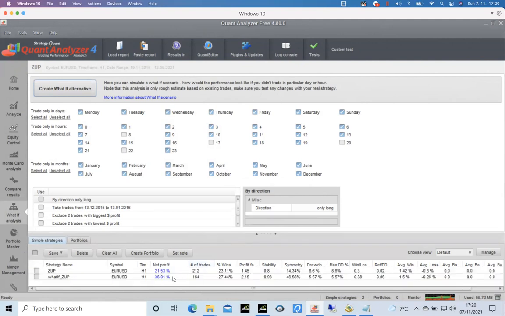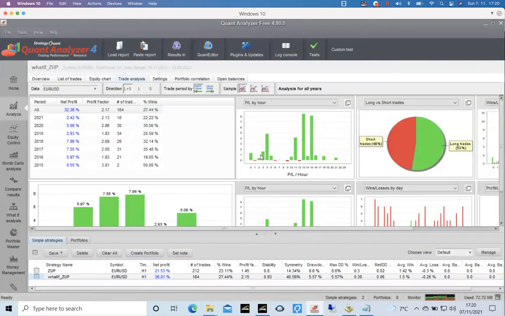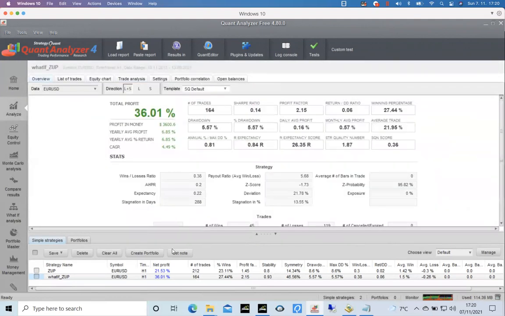So this is the what if scenario without trading these hours, in a very quick manner. What you can see here is that our net profit jumped from 21% to nearly double, 36%. And the maximum drawdown went down from 8% to 5%, just by doing this very simple thing.